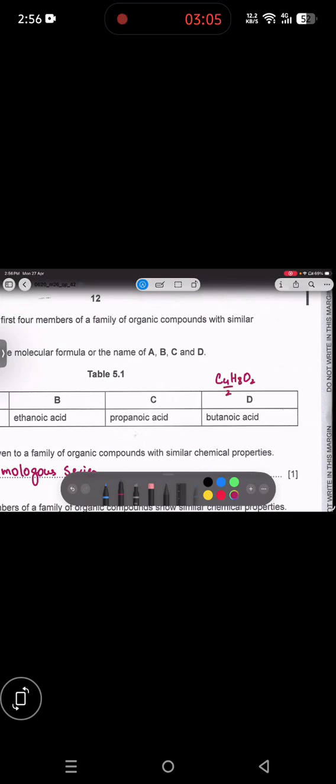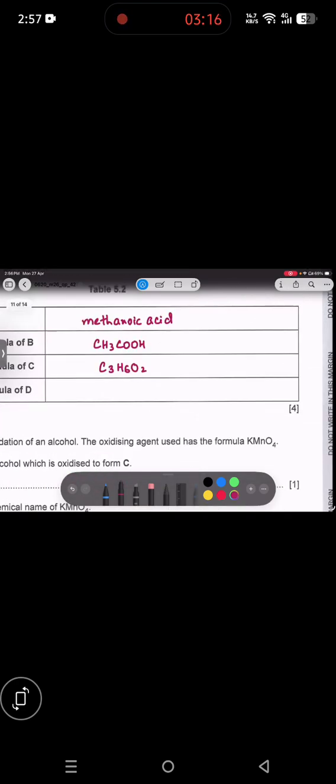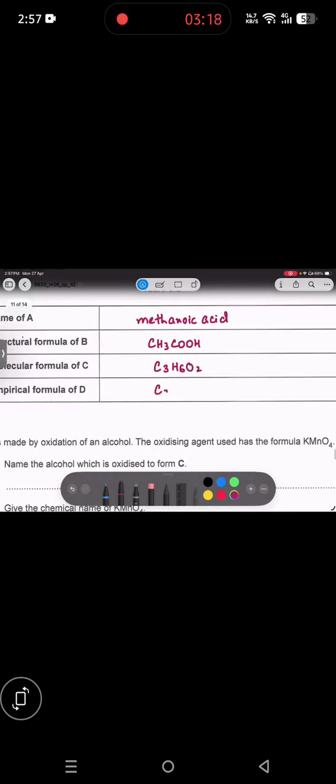Simplify by dividing by 2, and you will get the answer C2H4O.